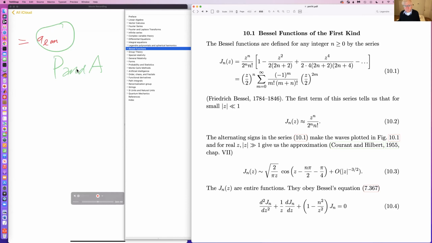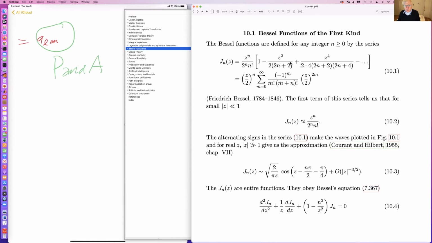The first term tells us what the Bessel function is like at small z, and it goes as z to the n over n factorial. So what you learn immediately here is that if n is a positive integer, all the Jn's are 0 when z is equal to 0. On the other hand, J0 is 1 as z goes to 0.